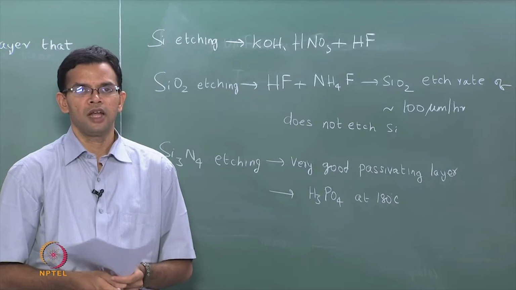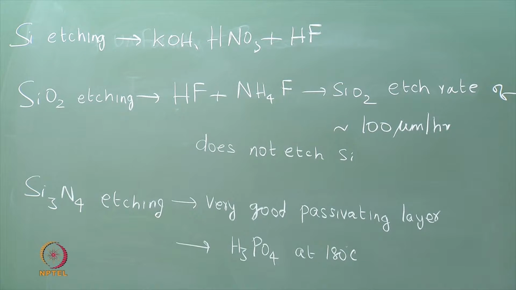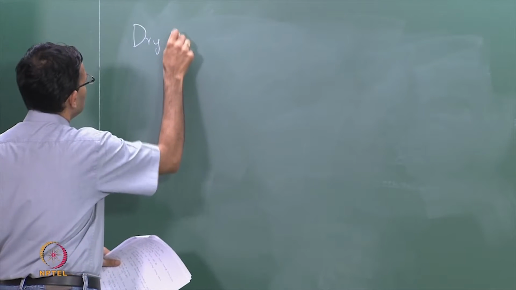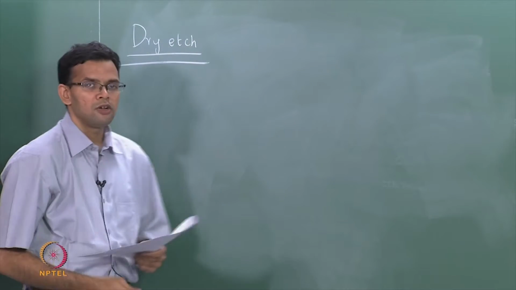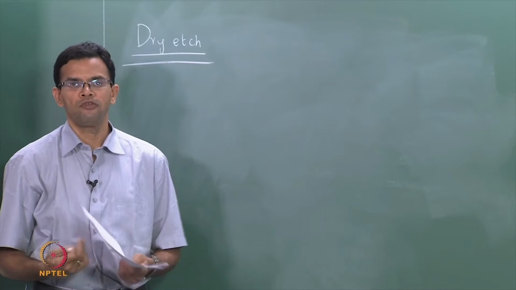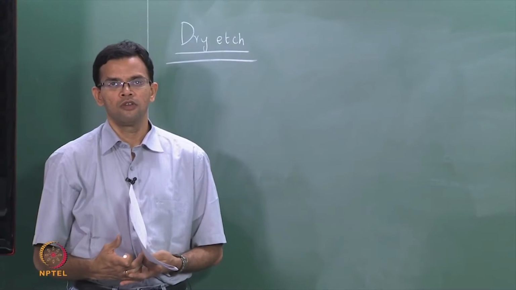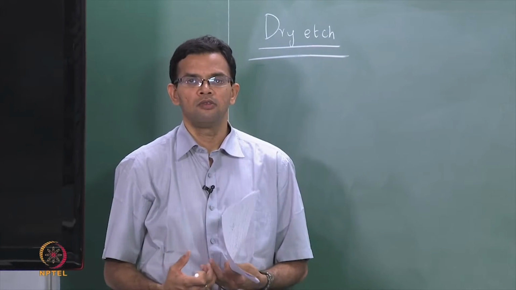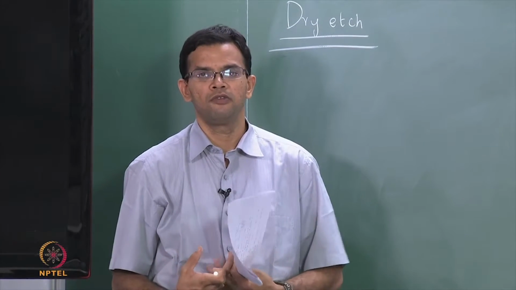So far we have looked at wet etch, so let us now look at dry etching. If we look at wet etch, one of the limitations that we said is that it can only be used for etching large areas, a few micrometers long. Now this is really not possible when we have to pattern smaller and smaller features.